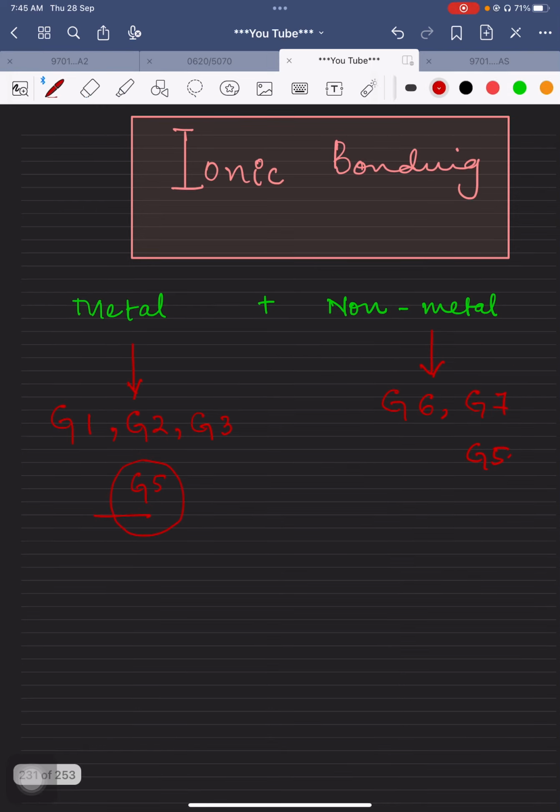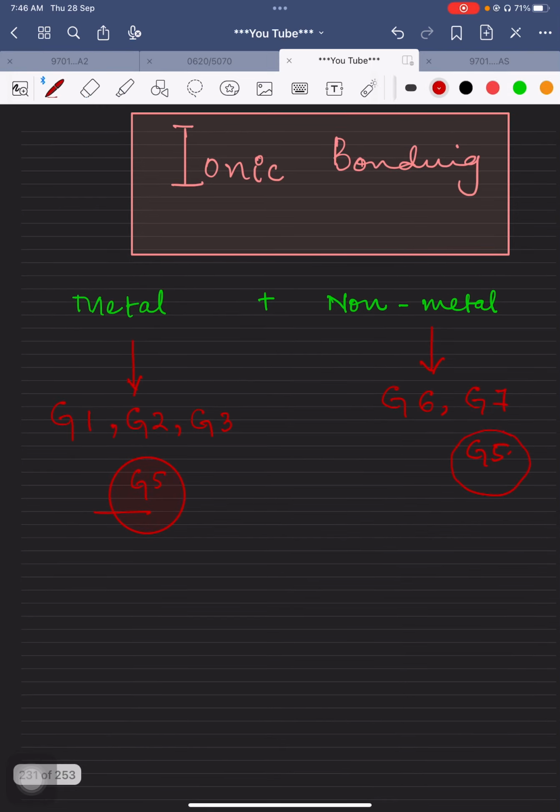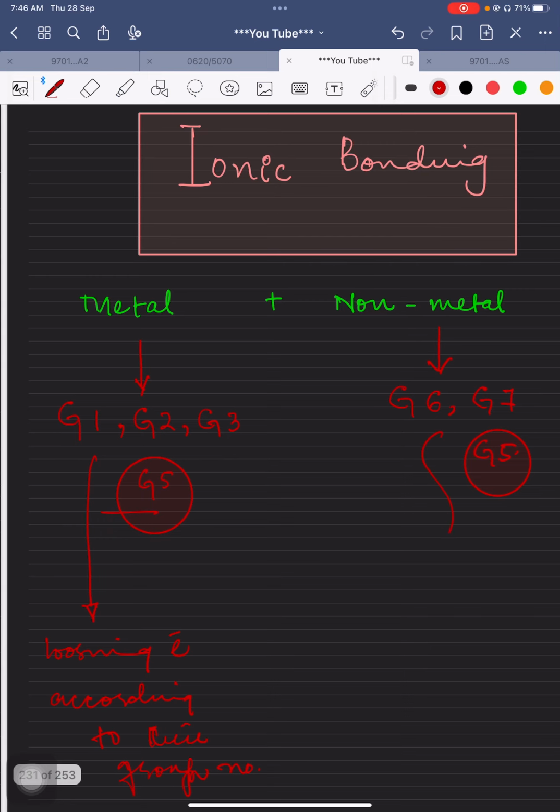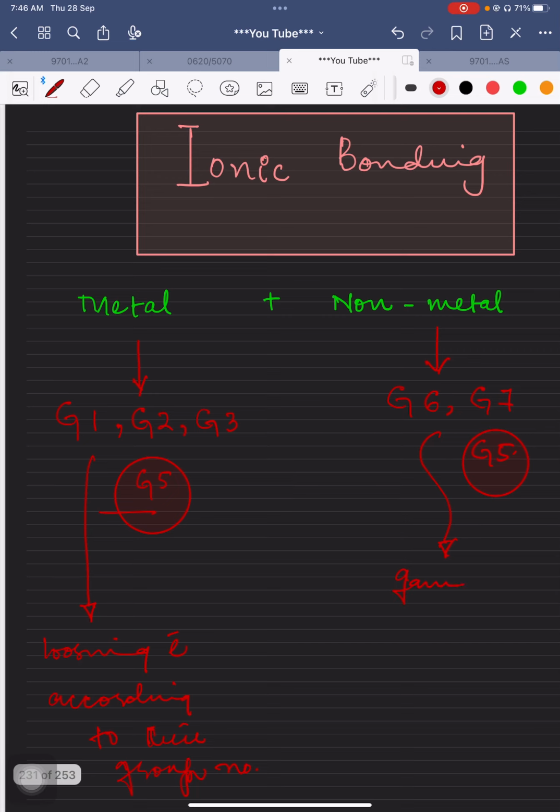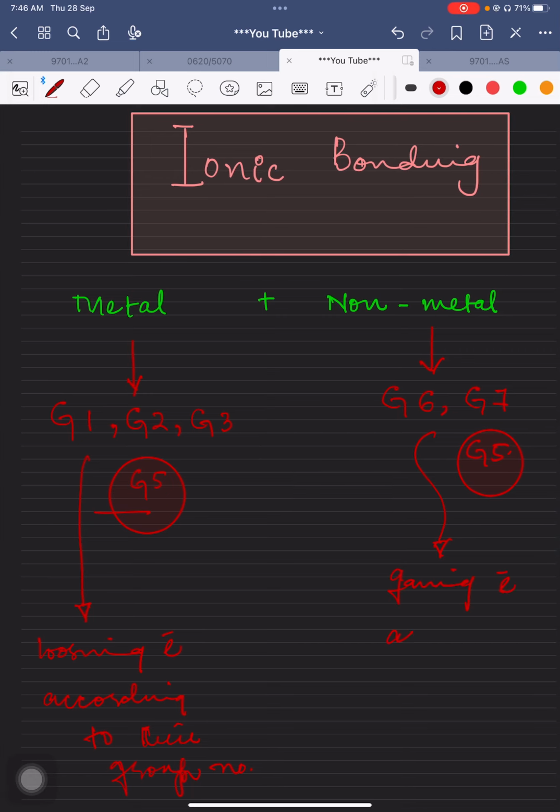And why this is on both sides is a point to be discussed as well. Right now, elements of the metals side are losing electrons according to their group number, whereas elements from the non-metallic side are gaining electrons according to their group number.